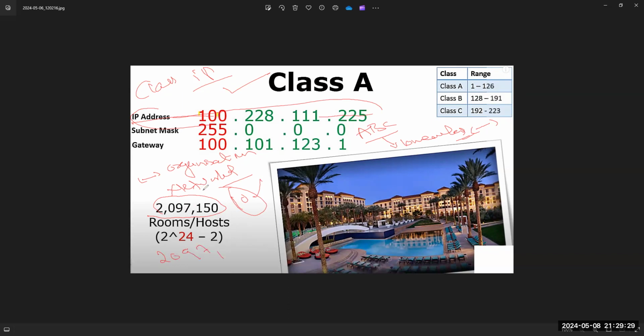So, for a small organization, we don't need classes. We will see that in subnetting. In short, if I'm only using these 10 addresses or 10 hosts, then about 2,99,000 or 97,140 IP addresses, or the hosts, are wasted.